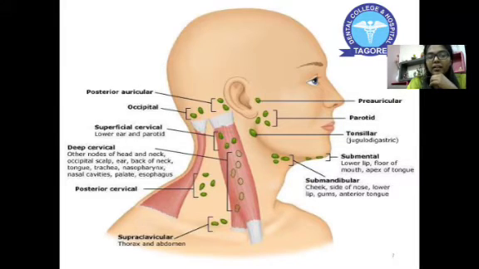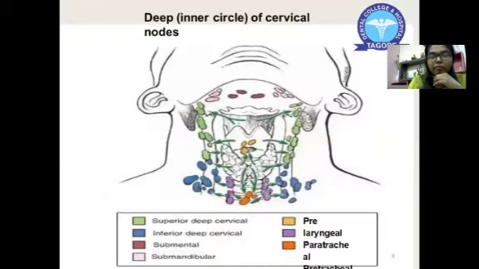And next we have the occipital and posterior cervical lymph nodes, submandibular, submental, parotid lymph nodes. These are very important. And then come the jugulo-omohyoid and jugulodigastric lymph nodes, preauricular and postauricular lymph nodes.